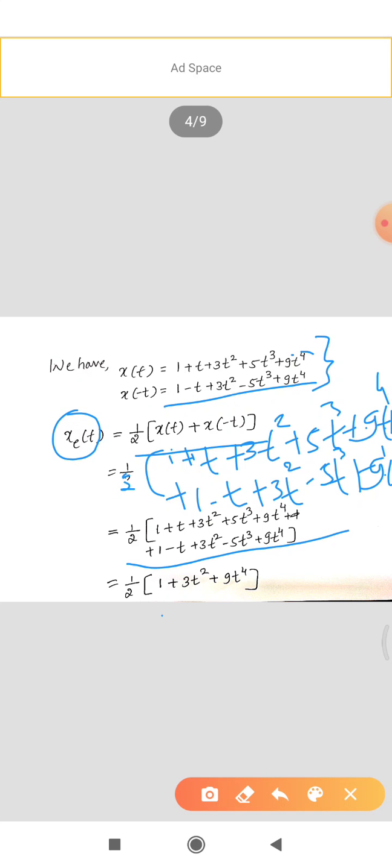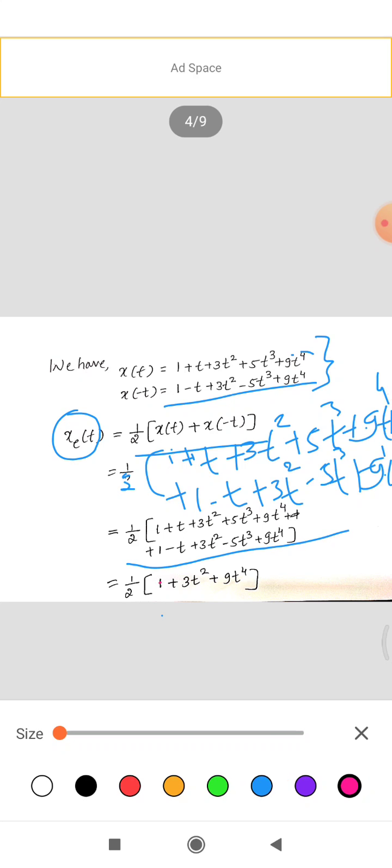So 1 plus 1 will be, sorry, it should be 2, I'm sorry. So 1 plus 1, 2. So t minus t gets cancelled. 3t square plus 3t square is 6t square. And 5t cube minus 5t cube gets cancelled. And then it will be 18t raised to 4.